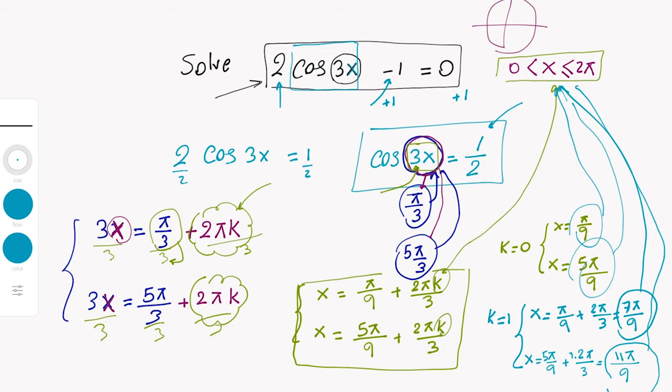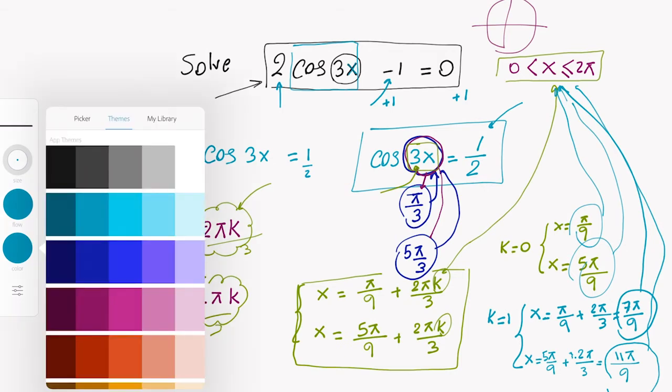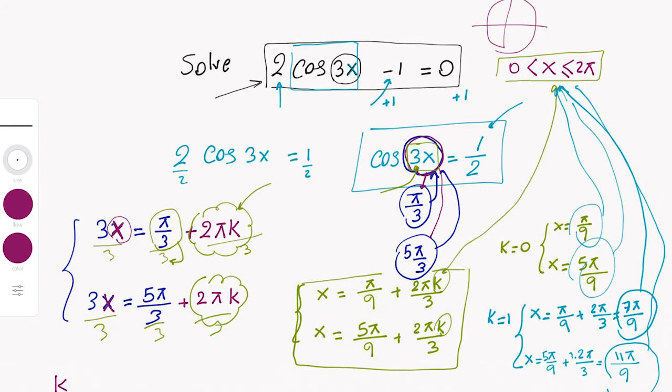So far we got 4 solutions. Now let's try for k equal to 2. K equal to 2, we have x equal to pi over 9 plus 4 pi over 3. If you add them, we get common denominator 9, 25.